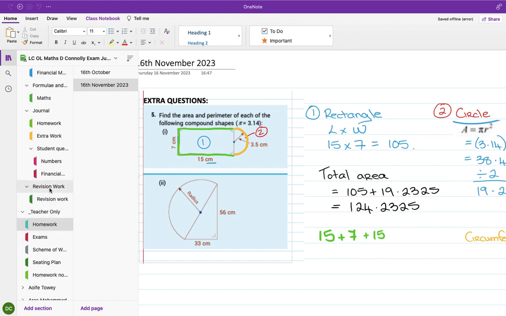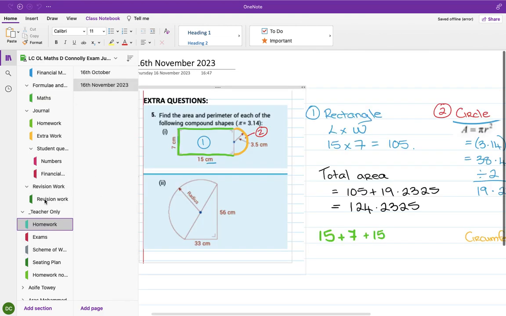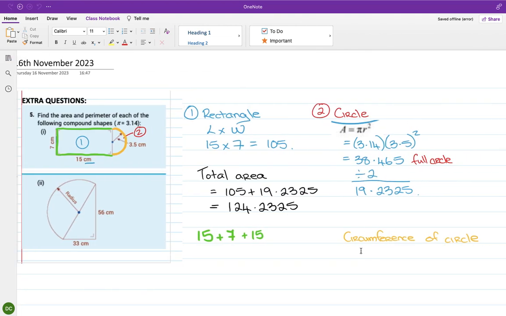But let's go back in. The circumference here is, you can see it's L, so it's this one. So there is my formula. So 2 times pi, which is still 3.14 because it's the same question, and the radius is still 3.5.